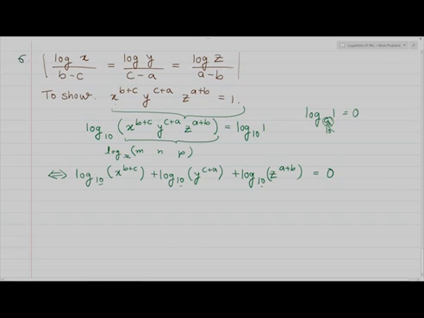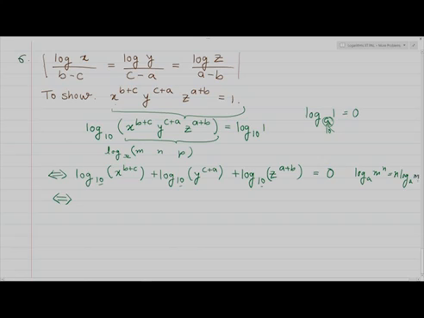Now this expression is valid and therefore I can use a power law, which is log to the base a of m raised to n is equal to n log to the base a of m.